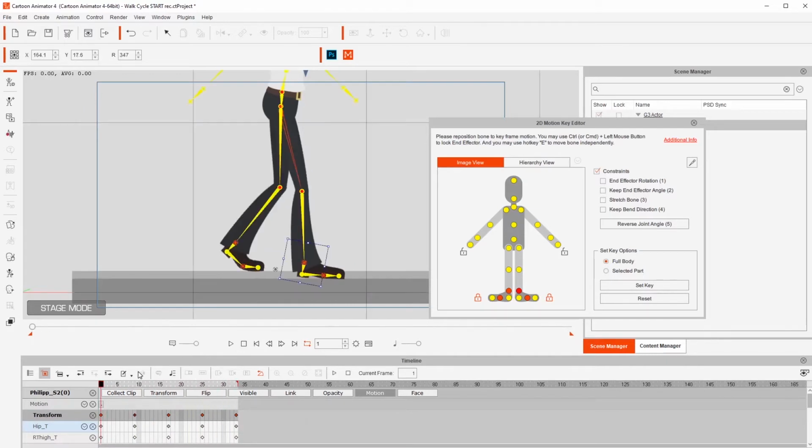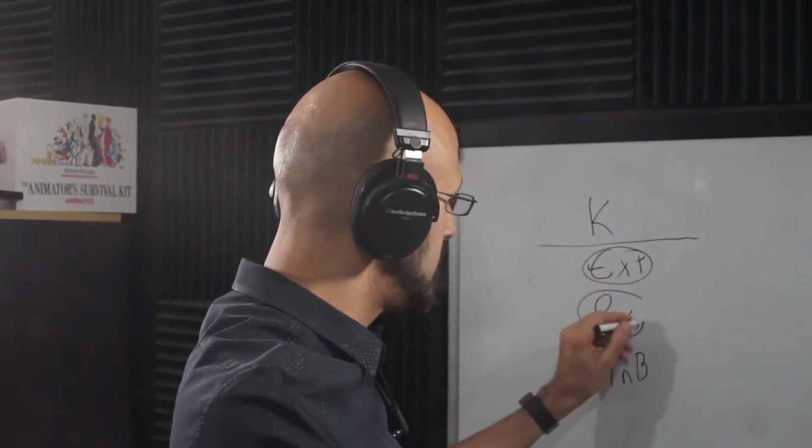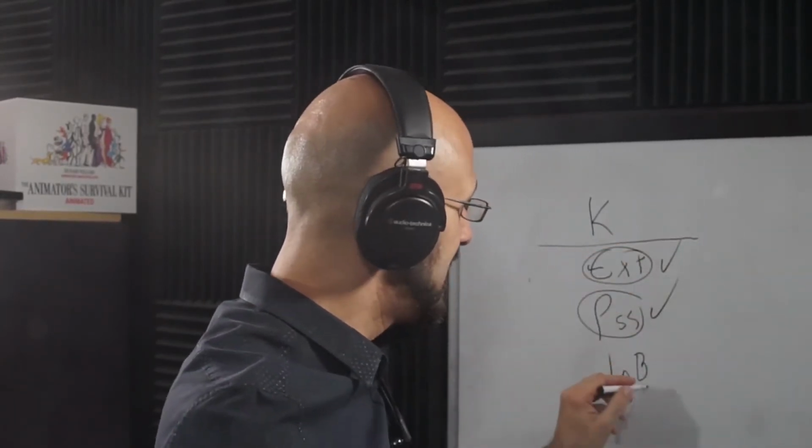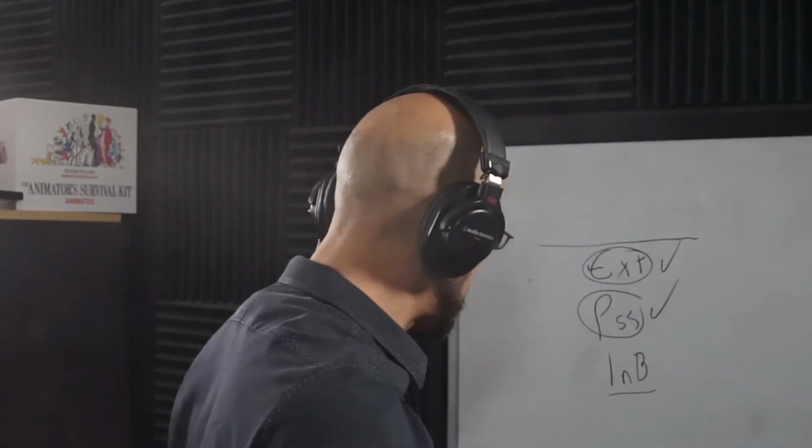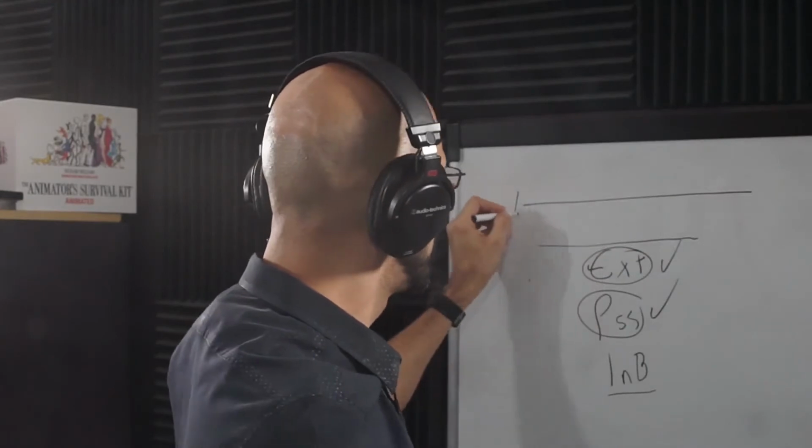Really nice. All we have to do now is put another one in the middle of those, and this is going to be the in-between. So right now we have the extremes and the passing poses. Right on. Now we need to put the in-betweens. Let me explain to you with a timeline right here.